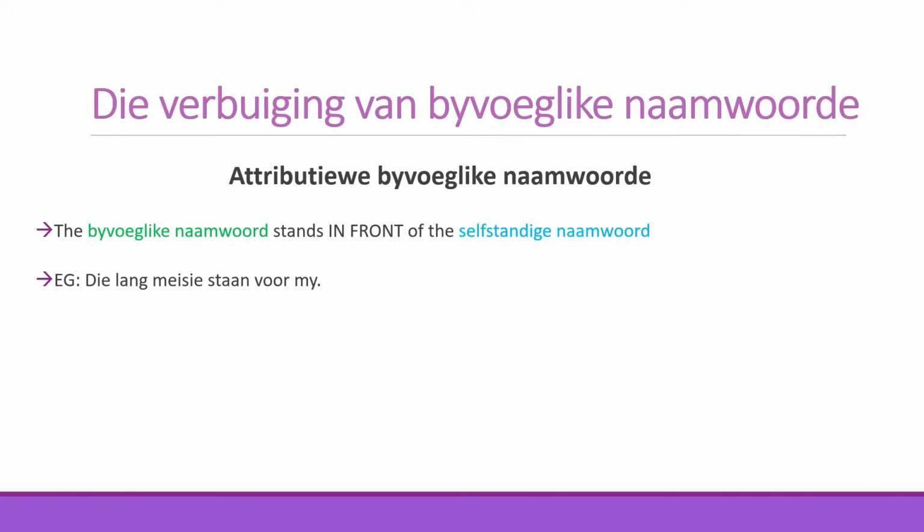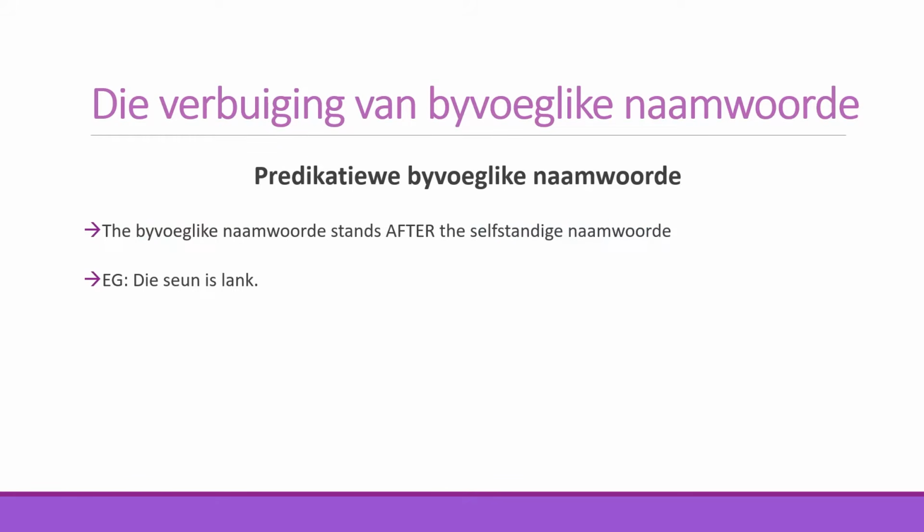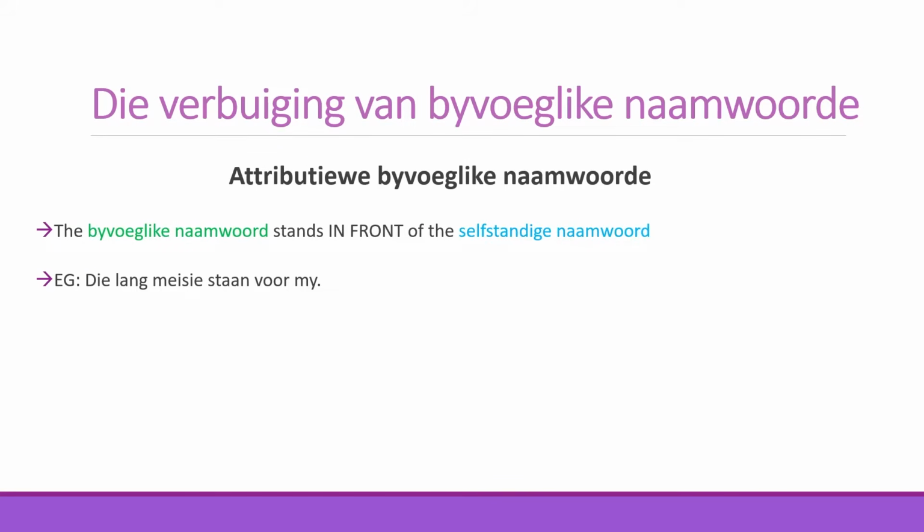Okay, so let's look at this, right? We are going to have attributive byvoeglike naamwoorde and we're going to have predicative byvoeglike naamwoorde. Attributive byvoeglike naamwoorde are in front of the selfstandige naamwoord. Remember, selfstandige naamwoord is our noun. This can be whatever noun it is.